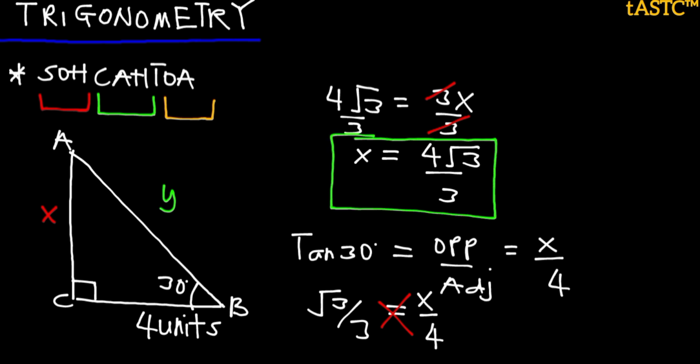Now, if we have this answer, we could actually use it to find out what y is. If you don't want to use it that way, you could use any other form. Now, let us say we know this angle is actually 60 degrees. Now, why is that? Why is this a 60 degree? We have that to be because this is a 90 degree and this is a 30.